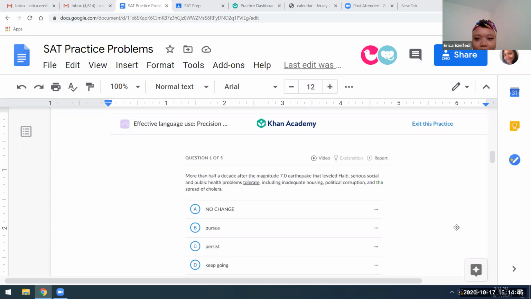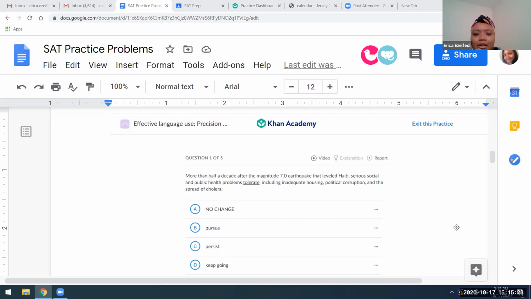So without even seeing how the underlined word fits, we see that this sentence is telling us about, more than half a decade, so 5 years after that earthquake, serious social and public health problems, blank, and then it goes on to list them.